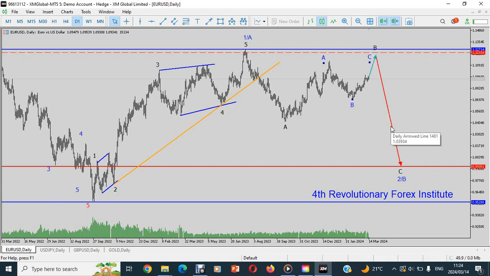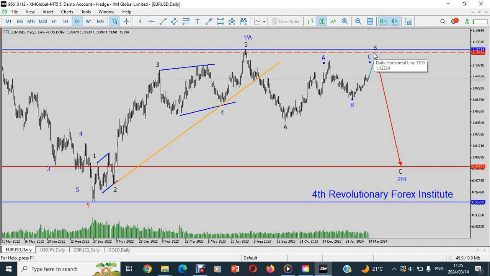We will wait for the market to come down to this area of 0.99351. Thereafter, we can execute a bullish trade, which will be the extension of wave 1 or wave A, which is blue in color. For now, we're expecting the market to come to this area, which is 1.12334.